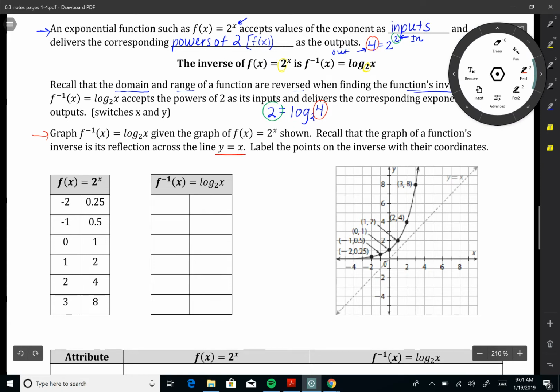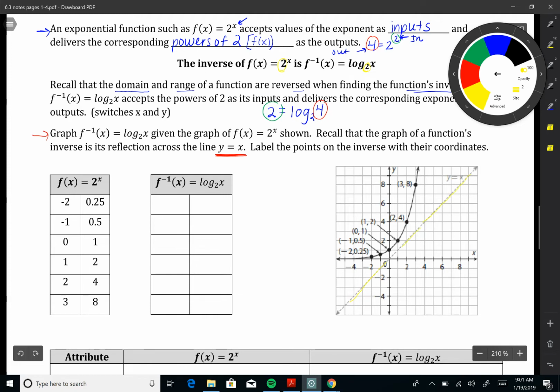We did inverses last semester with linear, quadratic, and cubic, so hopefully that rings a bell. We just switched the x and y coordinates because the domain and range switched, and the graph was the reflection over the line y equals x, which I have graphed lightly here as the dotted line. I'm going to put some yellow on it. That's the line y equals x.